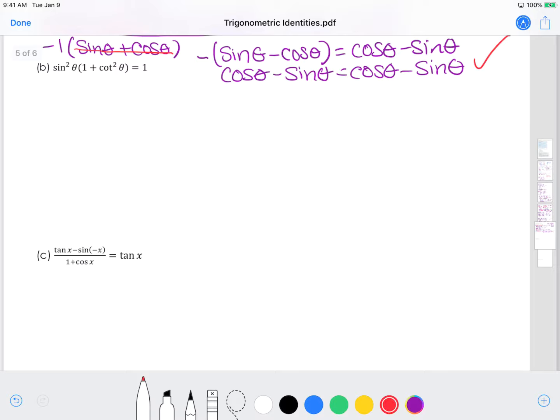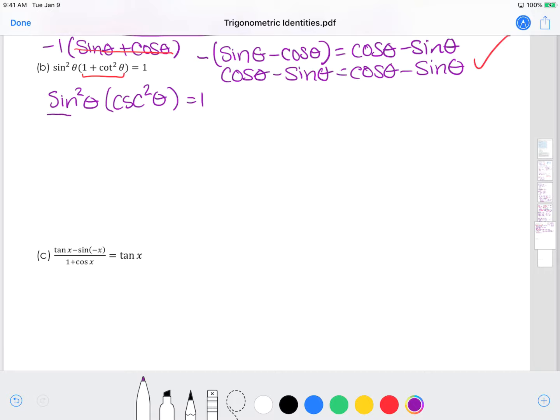This next example actually is 2 steps, because right away I noticed that this is equivalent to cosecant theta. If I look back in my blue shaded box, that's one of my Pythagorean identities: 1 plus cotangent squared theta is equal to cosecant squared theta.